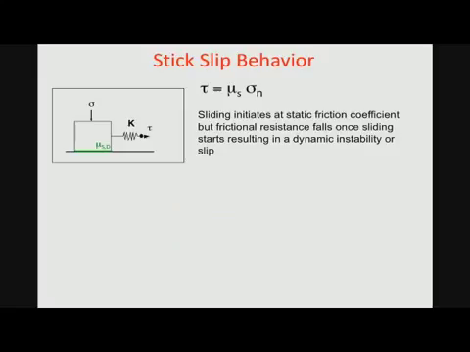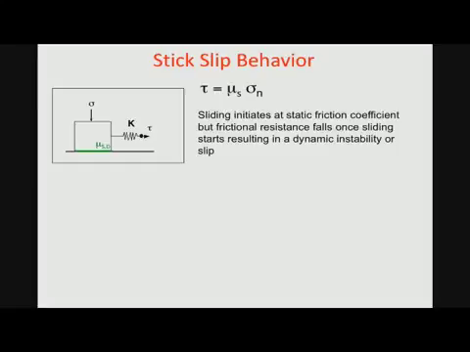Jeff talked a little bit about what's required for stick-slip behavior, and he showed you the spring slider system where you've got this block, and the green area here is the frictional resistive force.